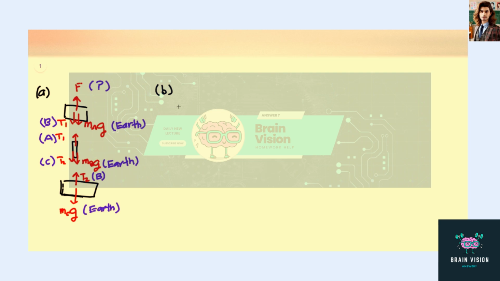In part B, we want to find what the acceleration of the system is. So we'll go ahead and do that by turning our three free body diagrams into three equations of motion using Newton's second law. So we have F equals ma for block A. So the sum of the forces is F minus T1 minus m_A g.